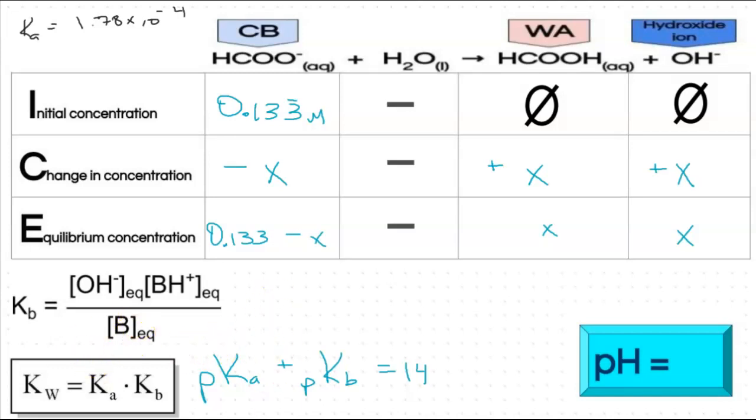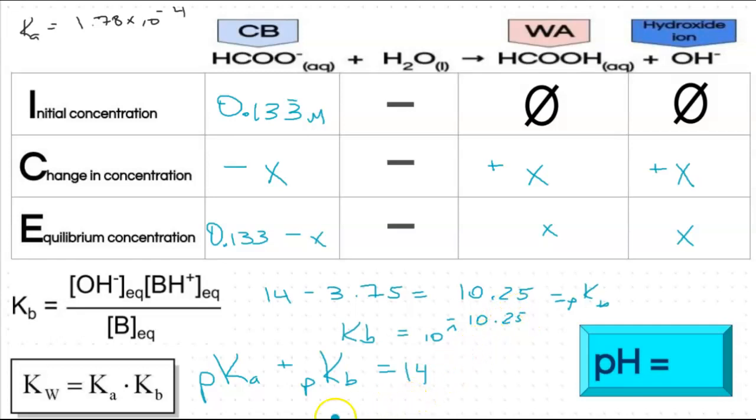My pKa was 3.75, so 14 minus 3.75 gives me my pKb, which is 10.25. And the Kb value is 10 to the power of negative pKb, which is negative 10.25.